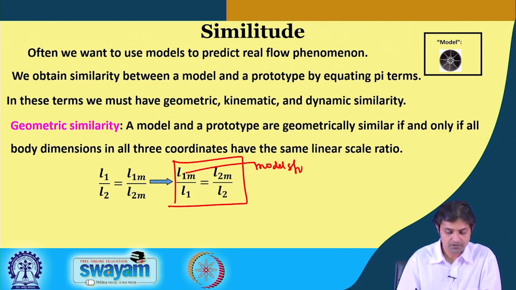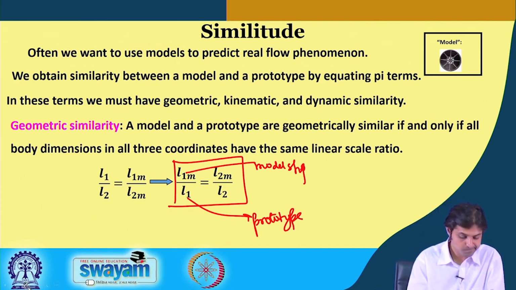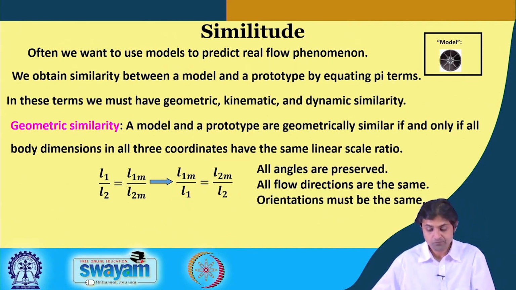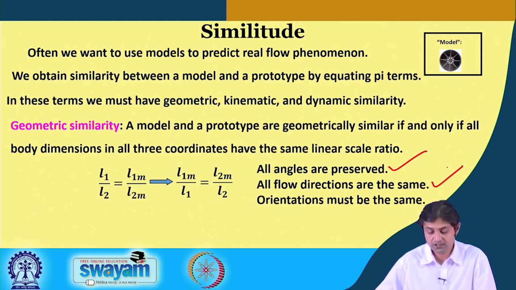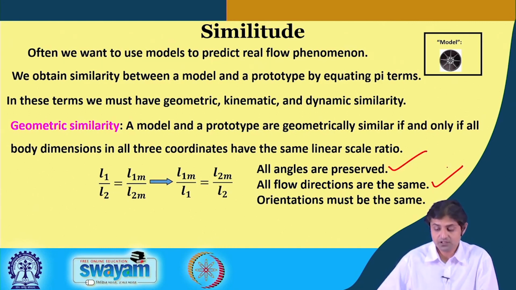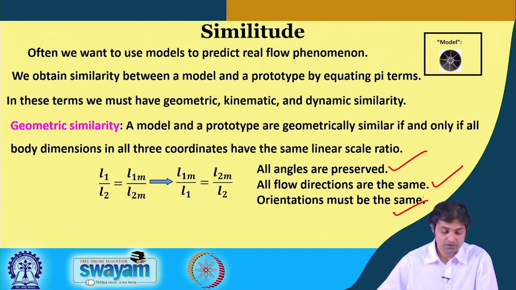Model ship, prototype. In this case, if we do that, all the angles will be preserved, all flow directions are going to be the same, and the orientations will also be the same. So, we do not have to worry about anything else. So, this is geometric similarity.